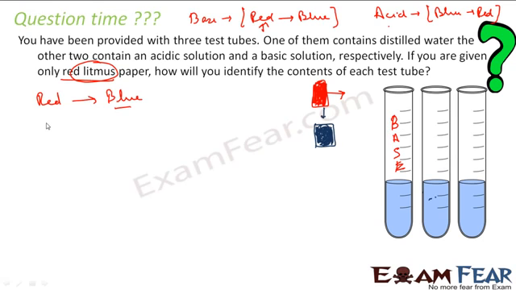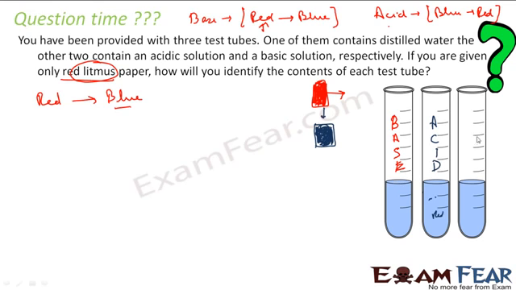Blue litmus paper will turn to red only in case of acid. So if I dip this blue in this, let's suppose there is no change, that means this is neutral. And if I dip this in this, there is a change, that means it is acid. So anything that converts blue to red is acid. So let's suppose I dip this in this and it converts to red, right? It converts to red, that means this is acid.